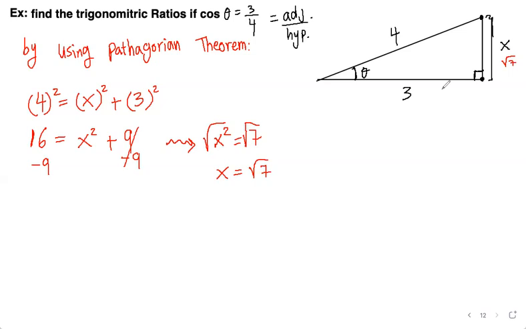Now it's easy to find the sine, cosine, and all the functions. The first one is the sine. The sine is the opposite over the hypotenuse, square root of 7 over 4. The second one is the cosine.